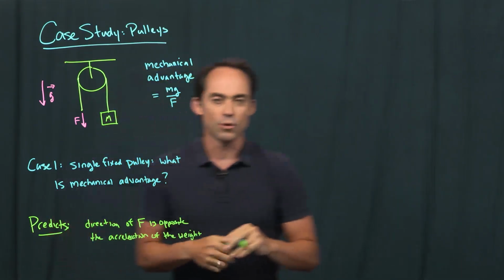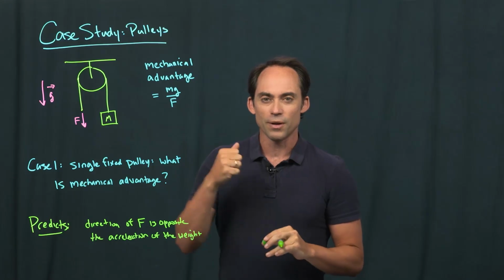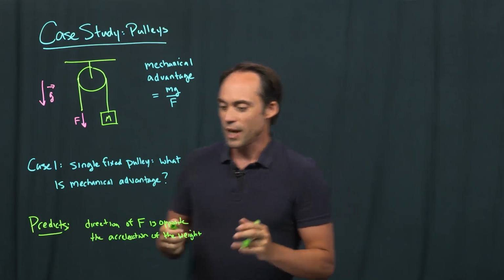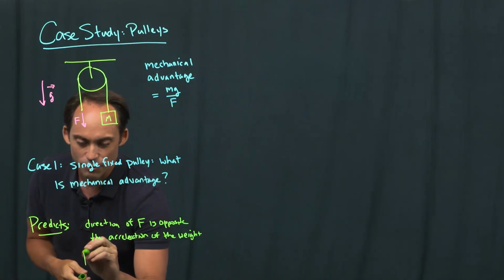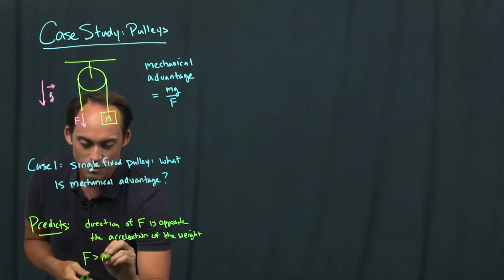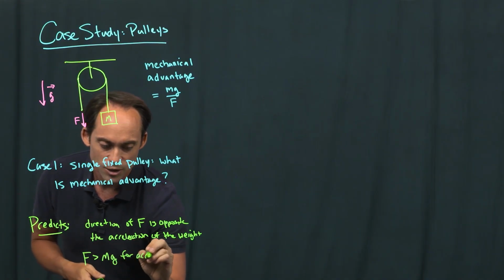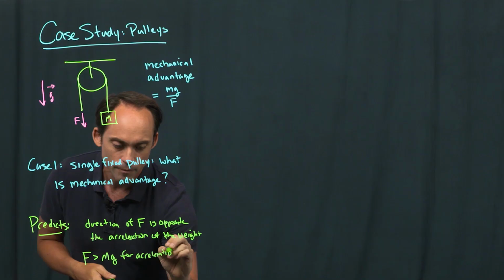If I pull hard enough so that the weight goes up, I'm pulling down, so it's the opposite direction. And we certainly need a force greater than mg for acceleration upward.